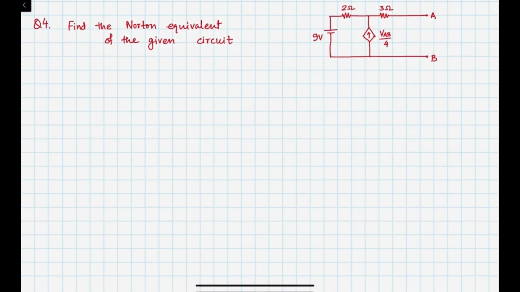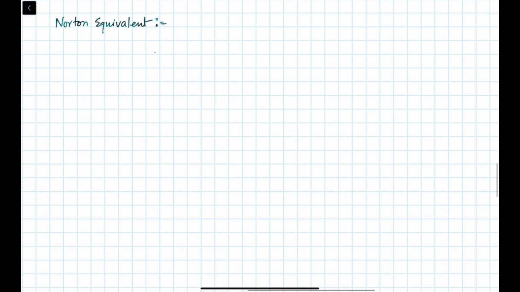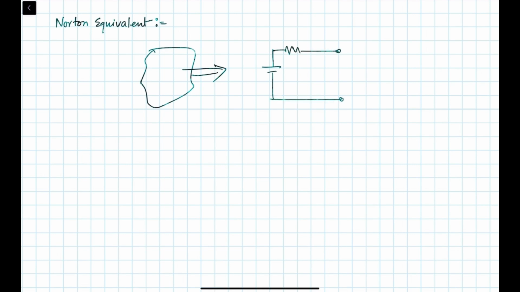Let's discuss that first. As you have seen, in case of Thevenin equivalent, we are representing the circuit in terms of a voltage source and a resistance in series. So this is our Thevenin equivalent, VTh, and this will be RTh.